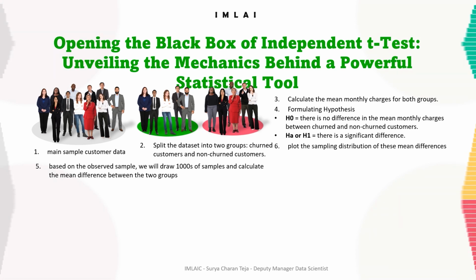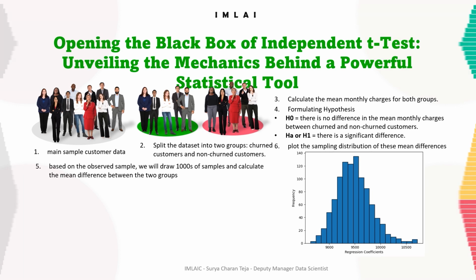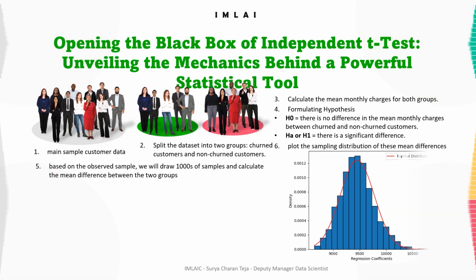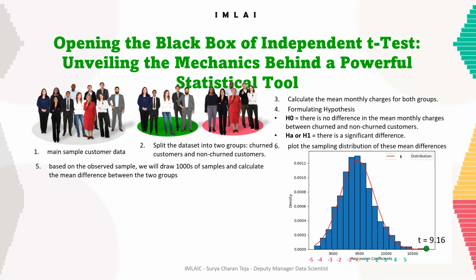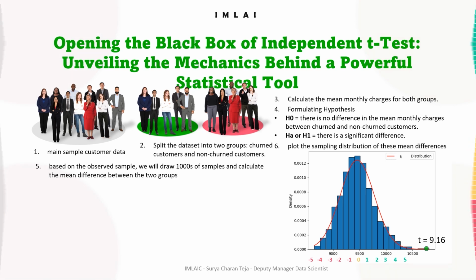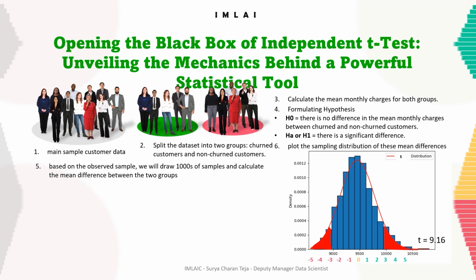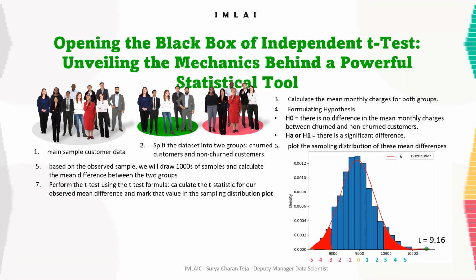Once we have drawn thousands of resamples, and for each we have calculated the mean difference between the churned and non-churned groups, we take the mean difference of each resample and plot a sampling distribution. This is the sampling distribution that we got, and on top of that I have added a Student's t distribution curve with the respective degrees of freedom.